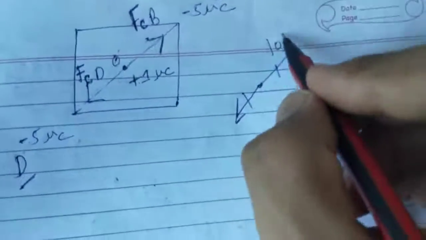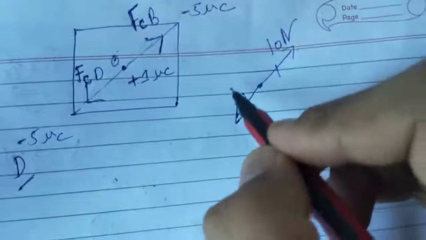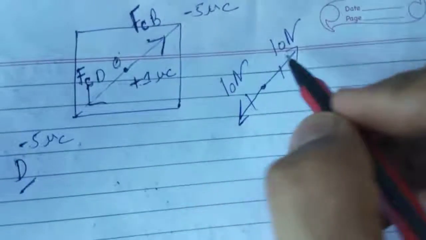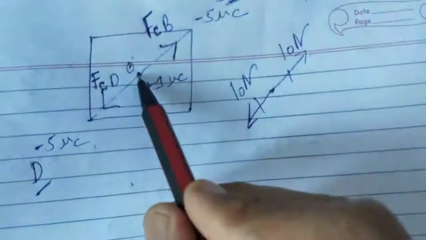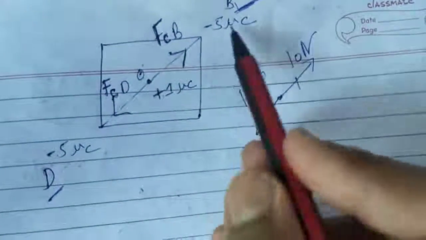If we pull 10 Newton on this side with a rope, and 10 Newton on the other side, the net force will be 0. So the net force at the central charge due to these two charges is 0.